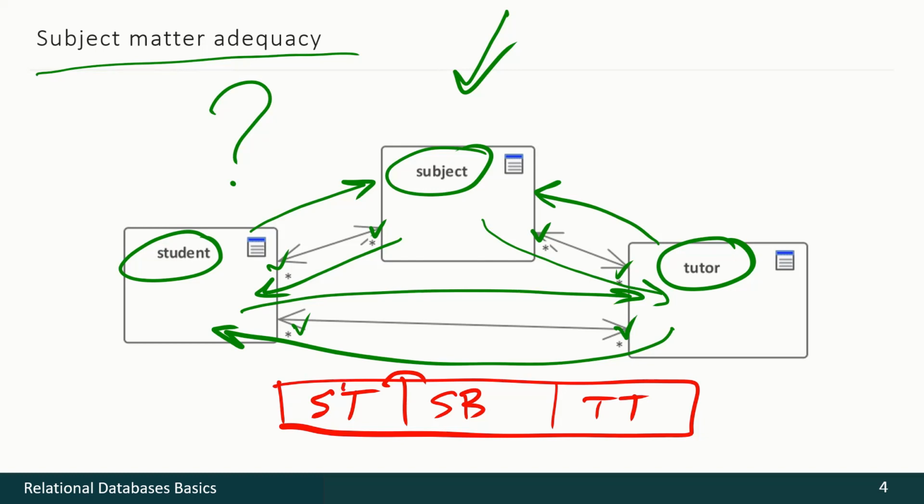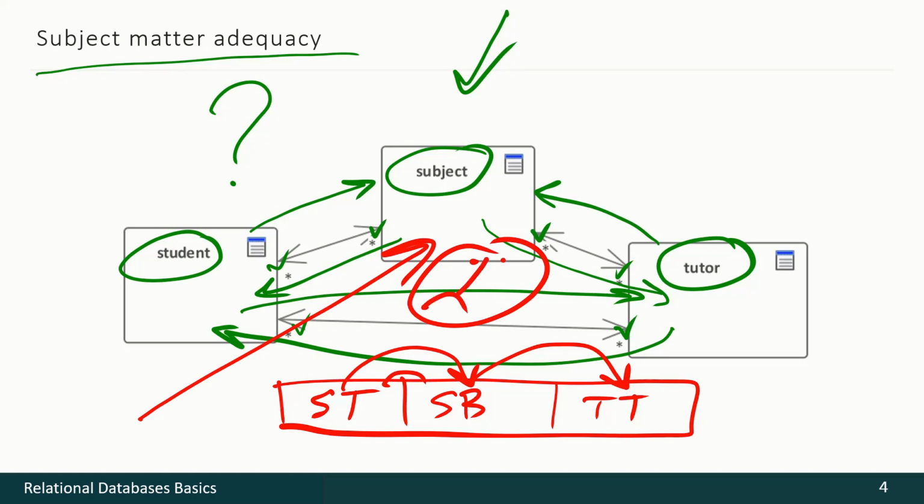So what student learned what subject delivered by what tutor. This information is not here. And we cannot recover this information by any way, by any attempt, by anything we do. This information is lost forever. So such subject matter adequacy violation is hard to detect, but nevertheless it may be extremely dangerous.